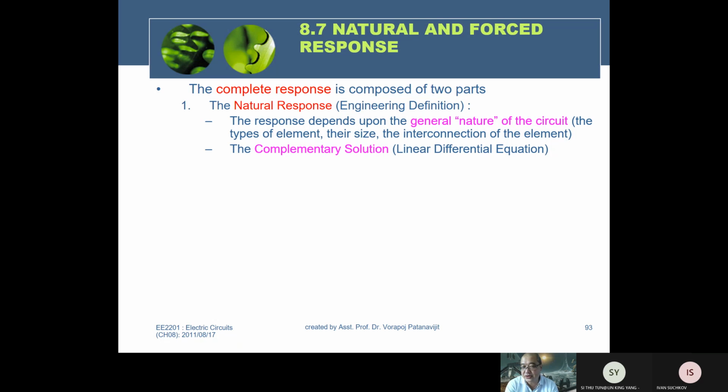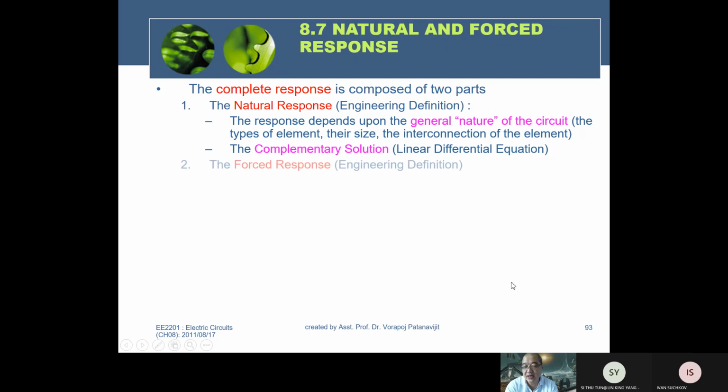The complementary solution, as we sometimes call it, can be used to compute the natural response. It is defined from the mathematics point of view, from linear differential equations.